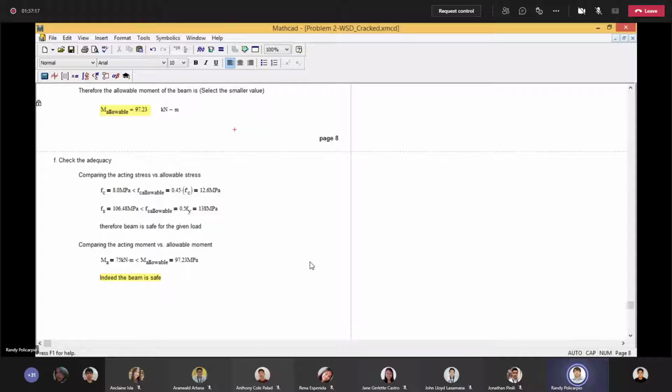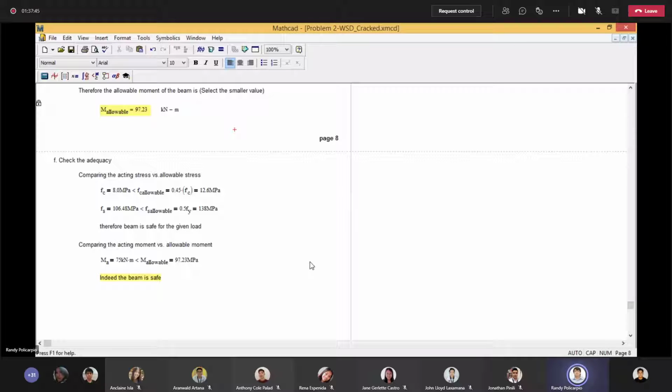So ibig sabihin ngayon, nung allowable moment, ito yung capacity nung beam natin, yung section ng beam natin. Ang kaya niyang moment ay hanggang 97.23 megapascal. Yung naka-apply na load sa kanya, ang moment na na-produce lang ng load is only 75.